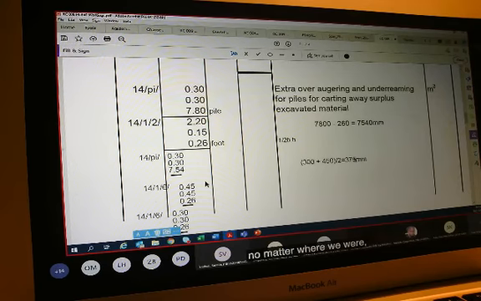Now that is a difference of, actually when I calculated yesterday, I got 31.39 cubic meters. I might have had fat fingers there.